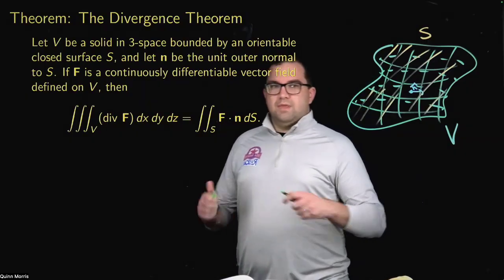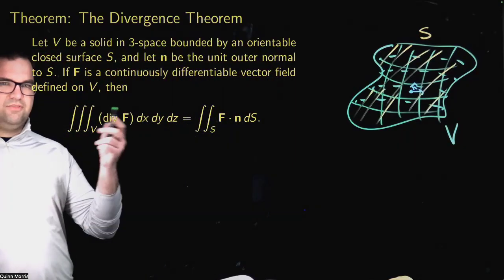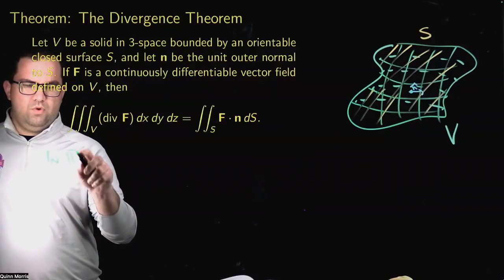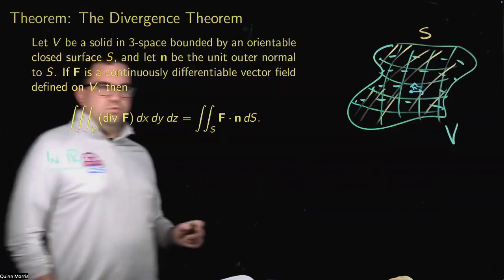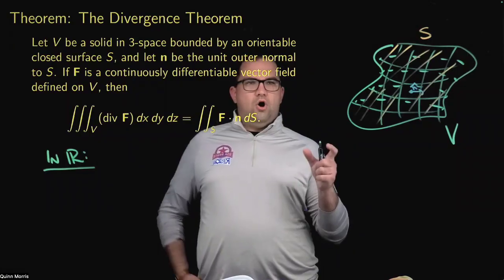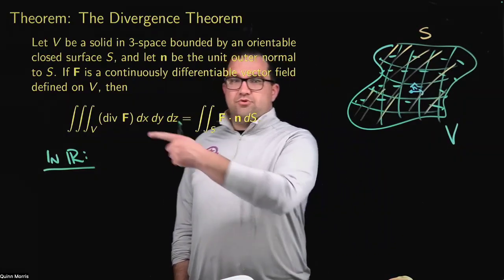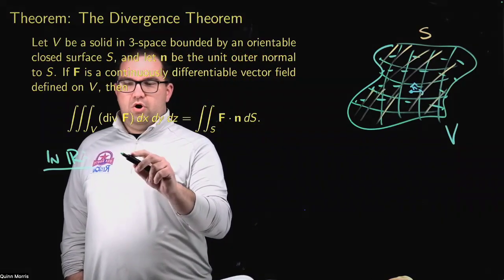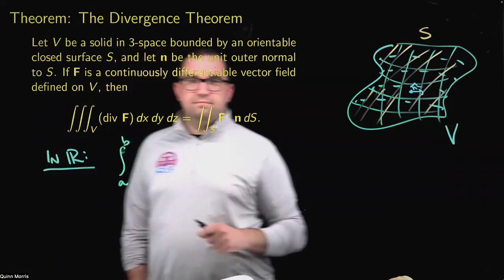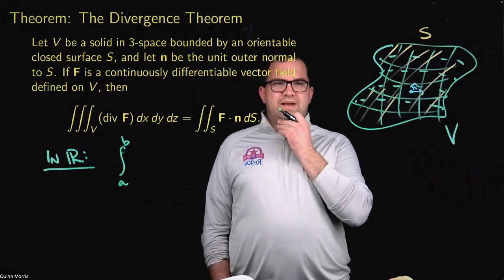Now, this is in three dimensions, but what would the divergence theorem say in one dimension? What if we were just in R? Well, what is a volume in R? It's just an interval. So an integral over a volume in R would just be the integral from A to B of, well, what's a one-dimensional vector field look like?